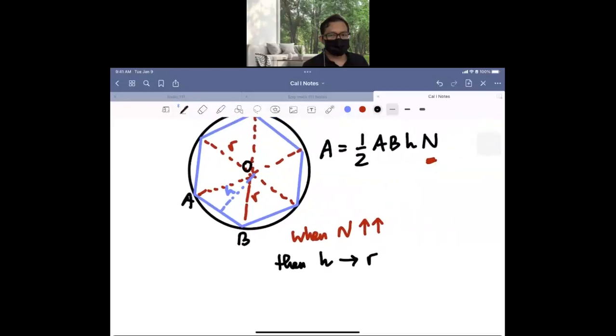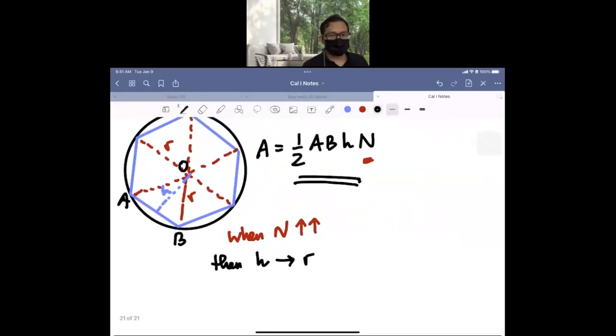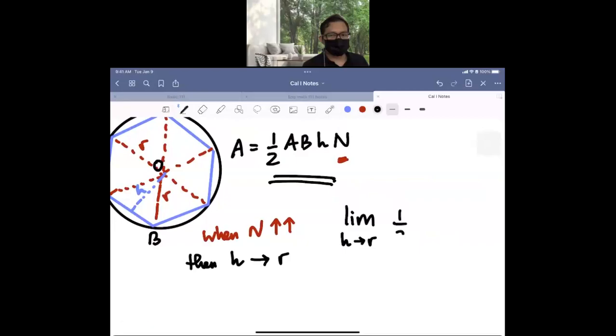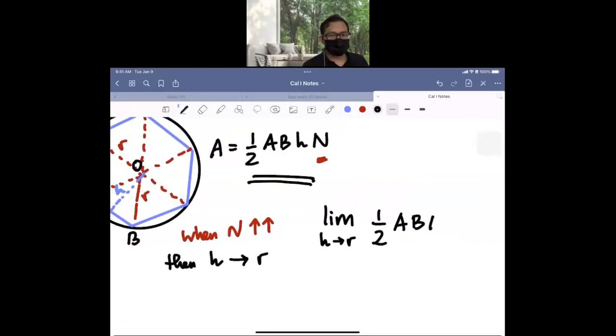So from this area, we can say that the limit as h gets closer to r is half AB, let's write n first and then h.